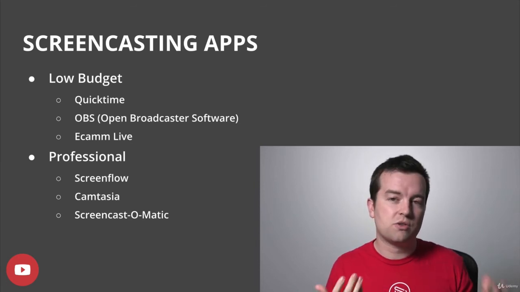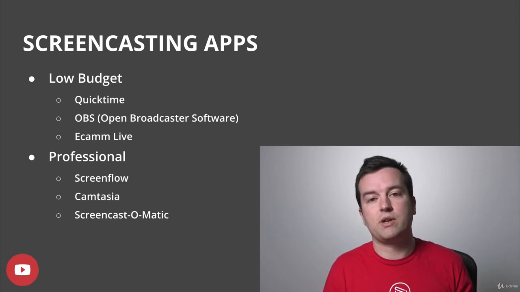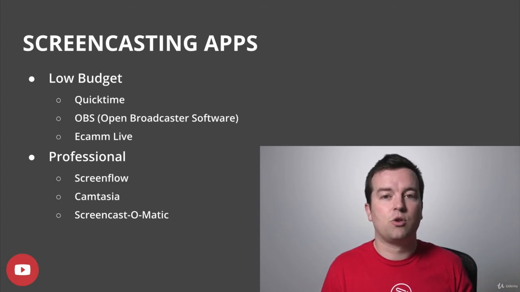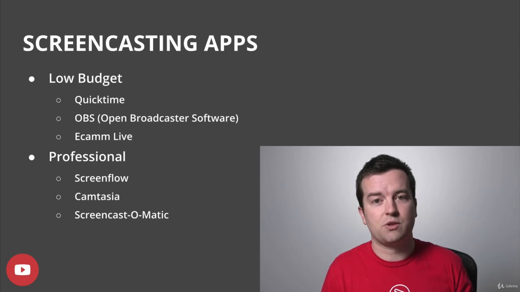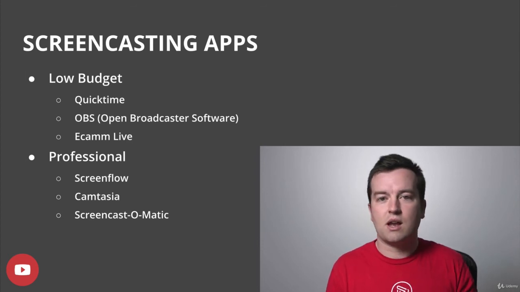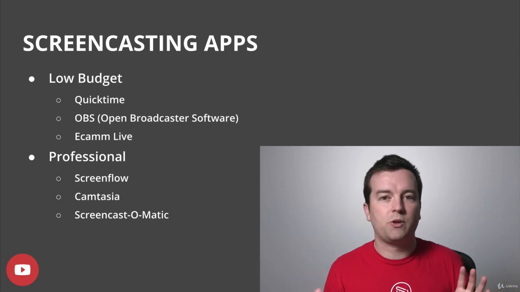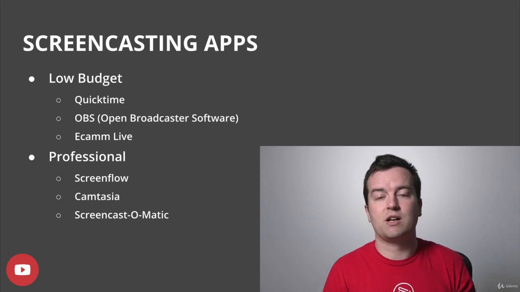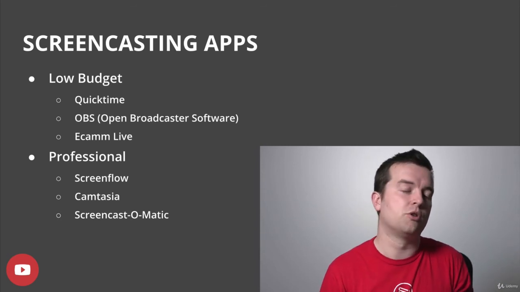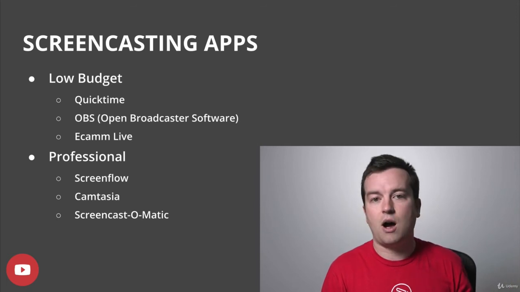Again, you can use this to record your screen, and also a lot of YouTubers use it to live stream. So you can use OBS to set up multiple cameras or multiple angles, and it's great for live streaming on different platforms, including YouTube.